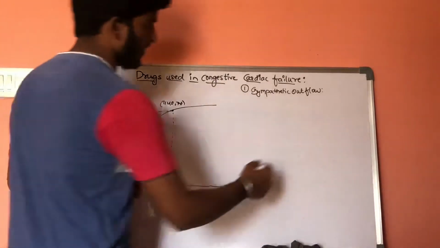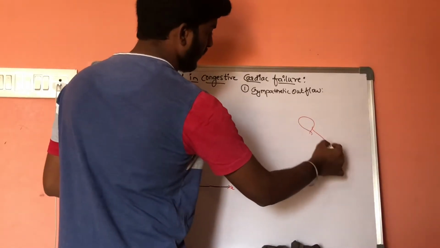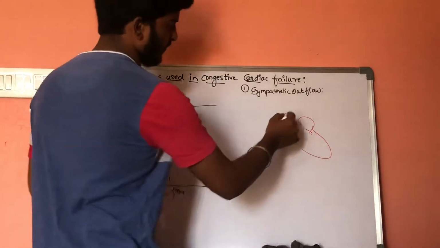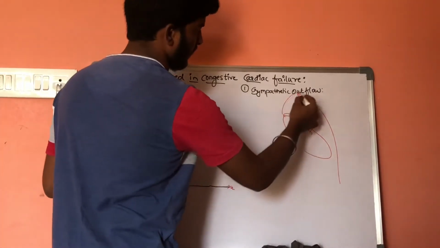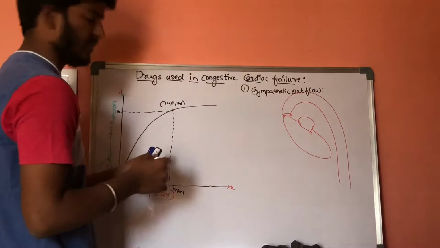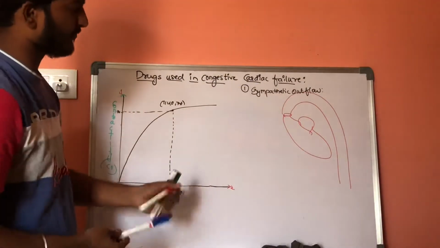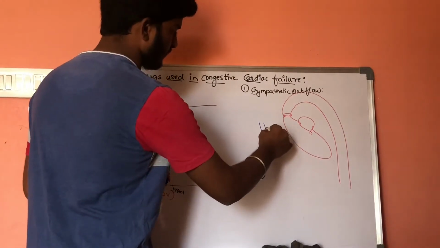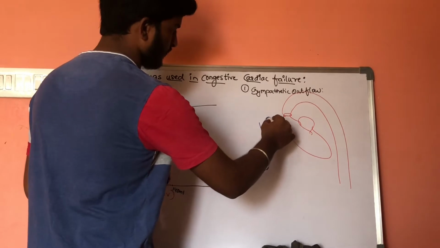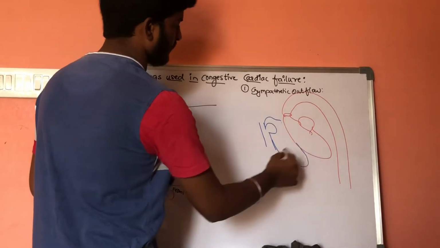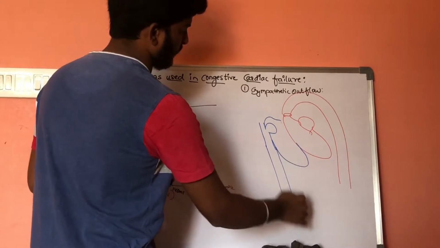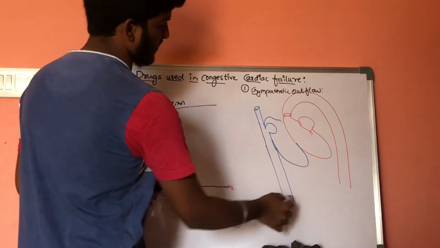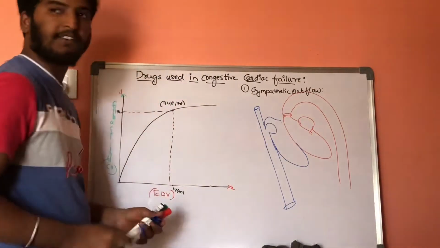Let us consider this is the left ventricle, and this is the aorta, and these are the arteries, and this is the right ventricle and this is the left ventricle.